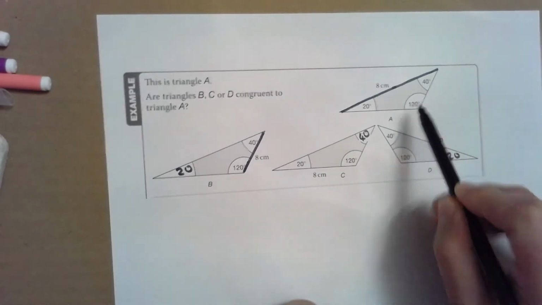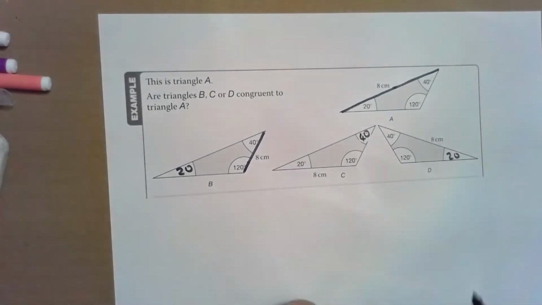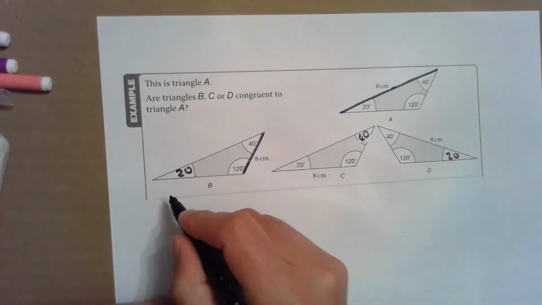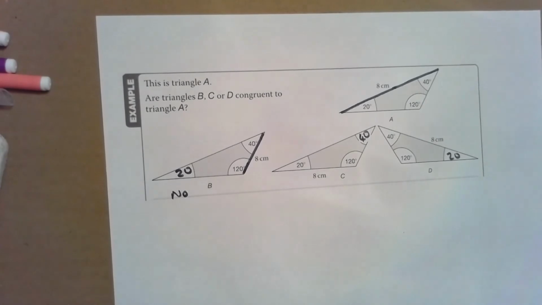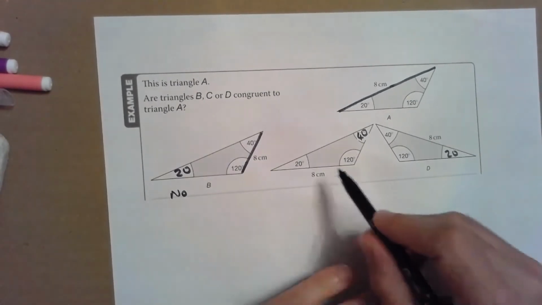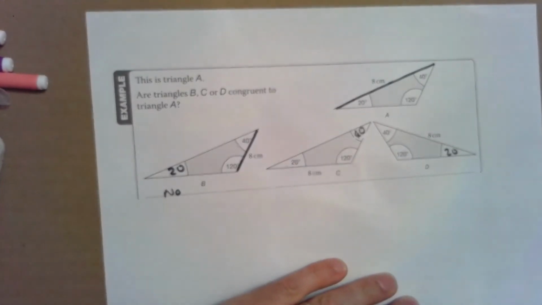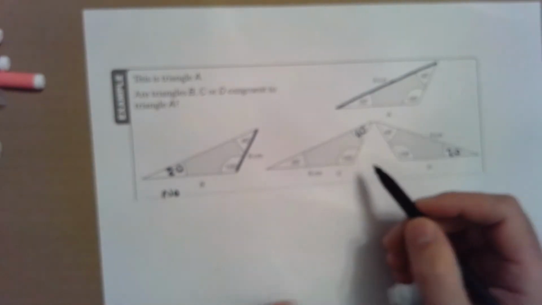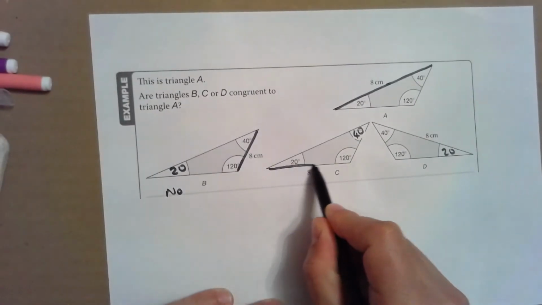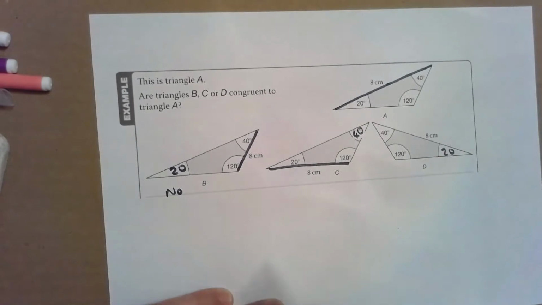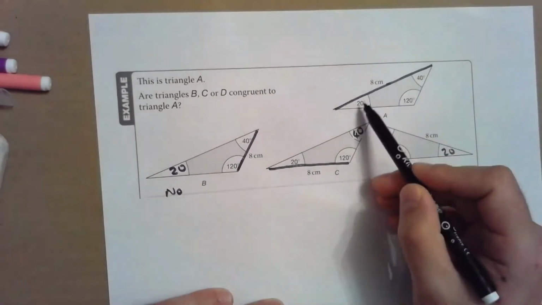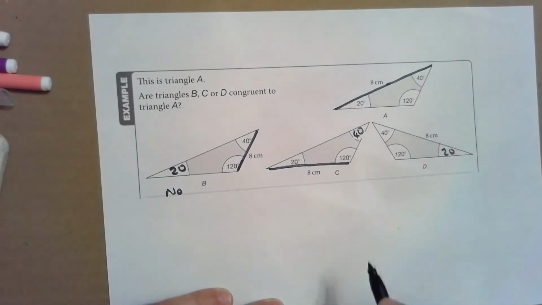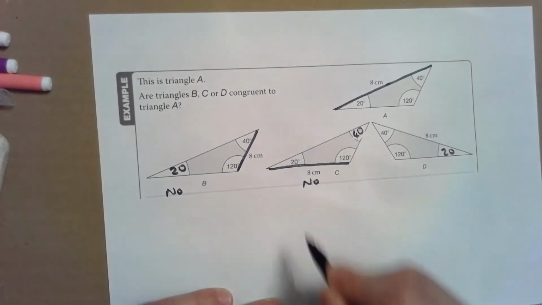So therefore, they can't be congruent. So we say no. This one. So here's the 8 centimeters, and either side of 8 centimeters we've got 20 degrees and 120 degrees, whereas here we've got 20 degrees and 40 degrees, so it can't be congruent.